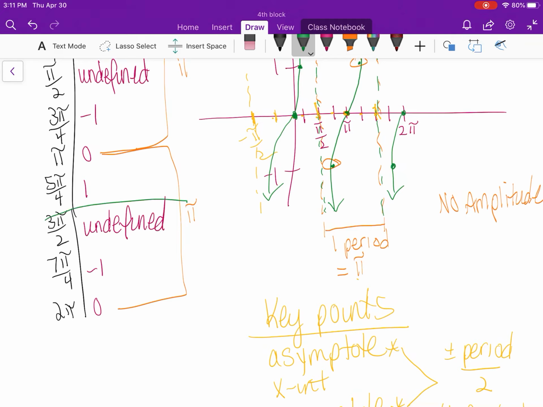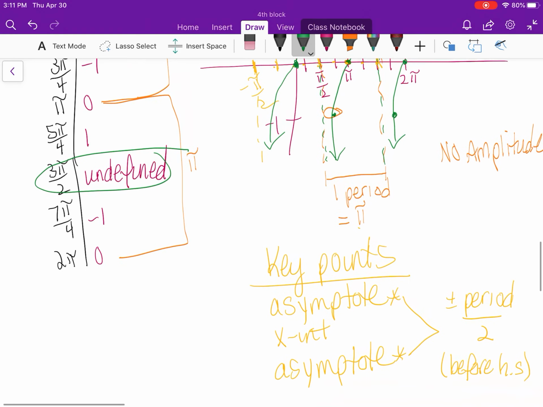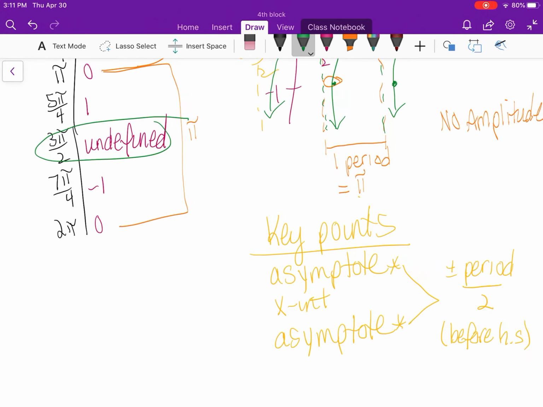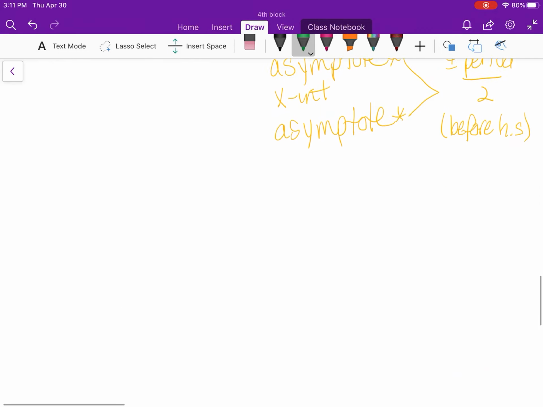And then also negative pi over 2 is coterminal to 3 pi over 2, so it would be undefined, just like it is in the t-chart for 3 pi over 2. So we're going to graph the 2 asymptotes and figure out where those are by taking plus or minus the period over 2, and then stick the intercept right in the middle, which is what we did right here.